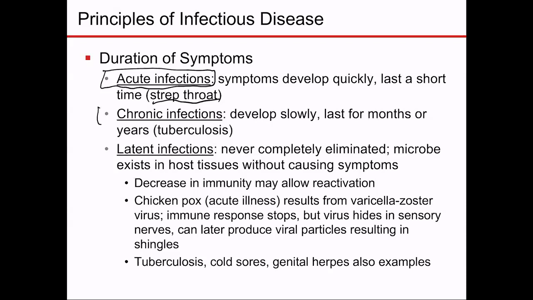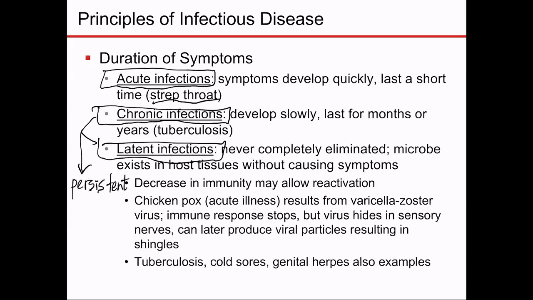And now you have also the chronic and latent infections. These are both examples of what we call persistent infections. And what is the difference between the two of them? Well, first, what is similar between the two of them?